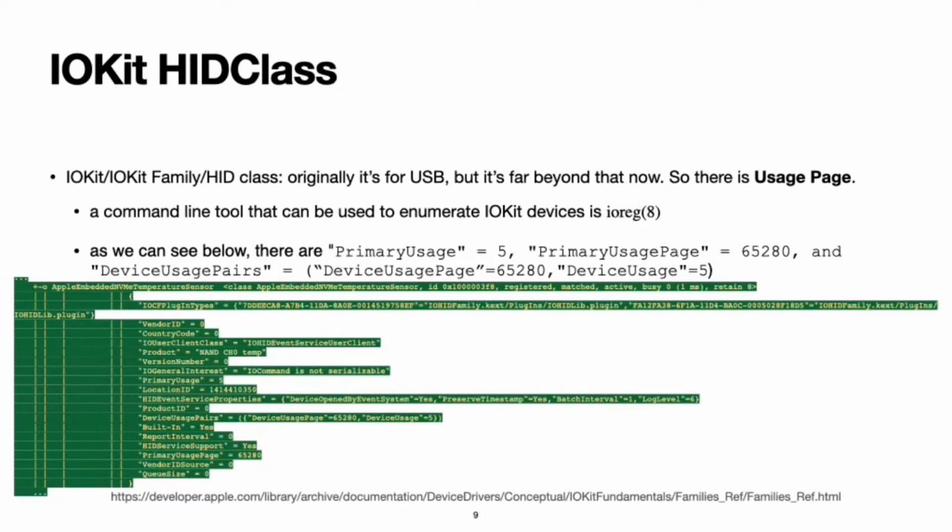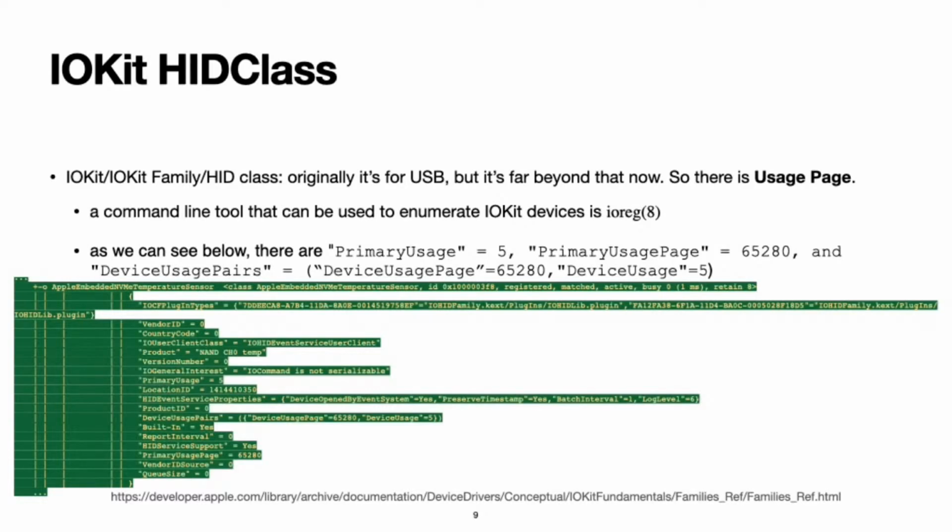And there is an IOKit command line tool called ioreg, which we can use to retrieve IOKit registries, or say to enumerate IOKit devices. This is originally what I used to find thermal sensors. The following is a part of the output of ioreg -l.